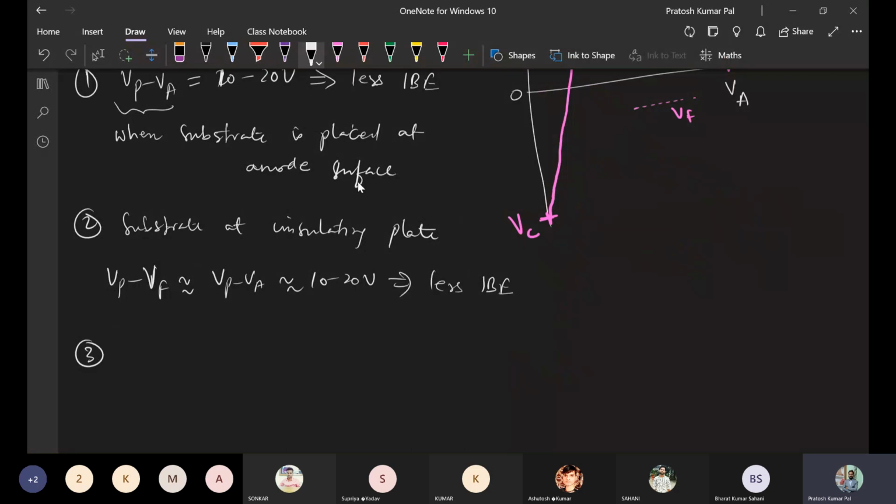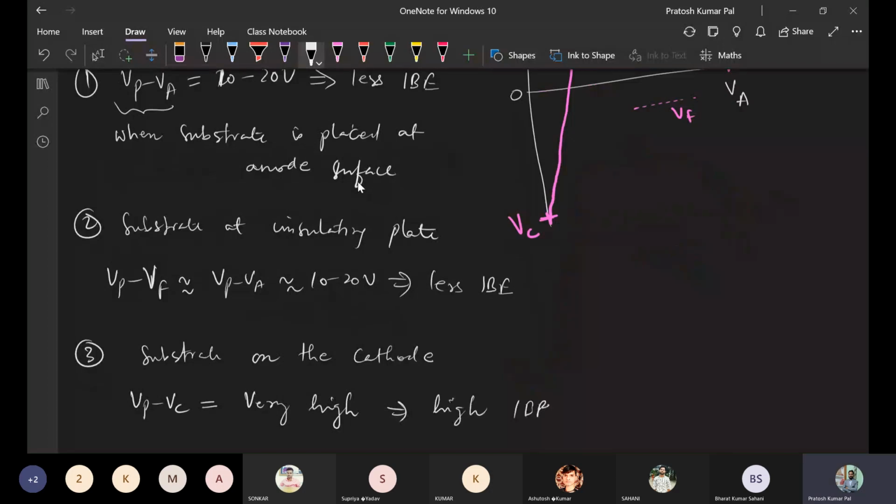But when we place the substrate on the cathode, Vp minus Vc will be very high, and we will obtain high ion bombardment energy.